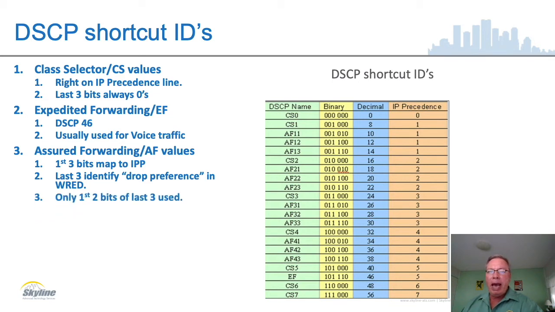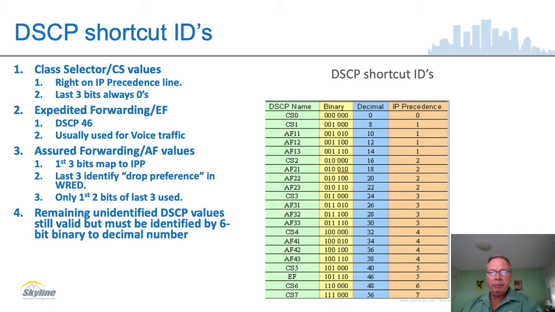Okay? And with these AF values, you can only have a second number of 1, 2, or 3. They're only using the first 2 of the last 3 bits. Even though the first value of an AF value refers to the 3 most significant bits of the byte, the second value refers to the first 2 of the last 3 bits of the diffserv code point field.